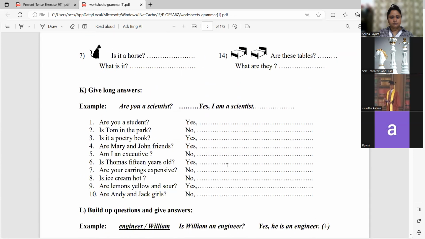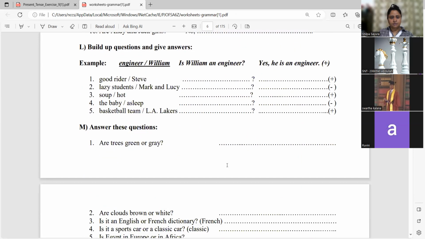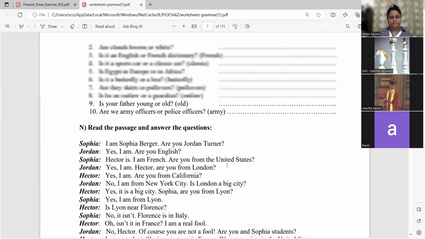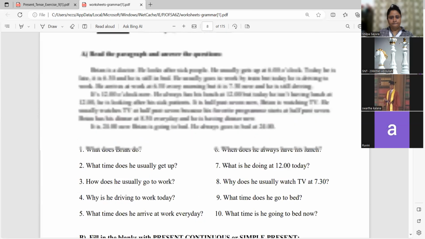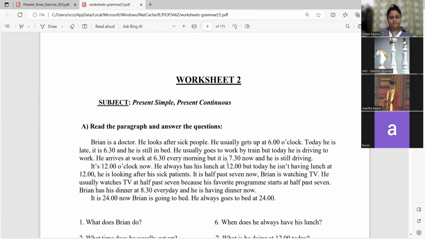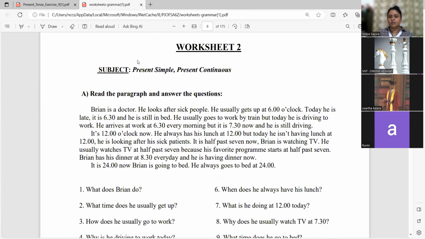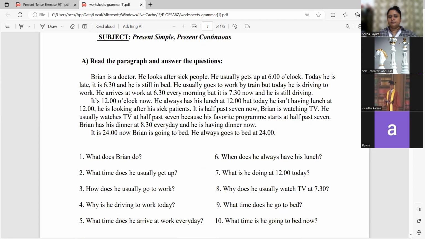Yeah, let's jump into simple present tense. Okay, can you see the screen? It is about worksheet 2. It's about present simple, right? So read the paragraph and answer the questions. Brian is a doctor.